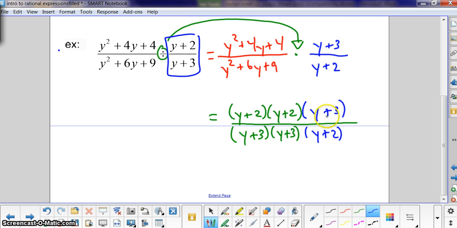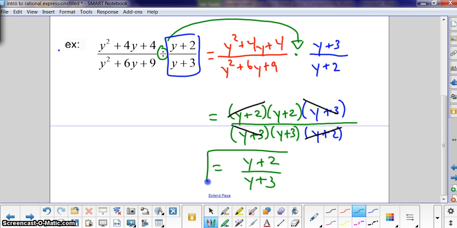So notice the blue ones didn't change at all. Now I can reduce. So the y plus 2 and the y plus 2 reduce, this y plus 3 and this y plus 3 reduce, and ultimately I'm left with a final answer of y plus 2 divided by y plus 3. And that's how I leave it. So there's my final answer for this division problem.